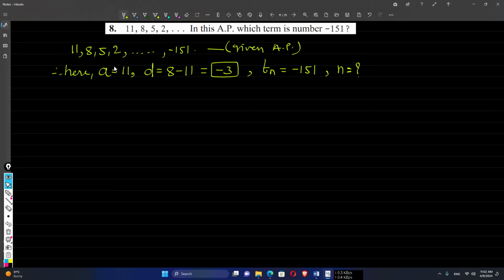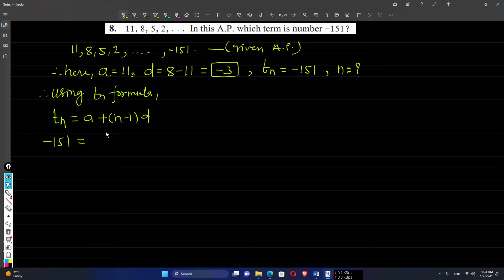Okay, so which term is minus 151? To find the value of n, we can again use the Tn formula. So basically Tn is equal to a plus n minus 1 into d. Now just replace these values which are given earlier. Tn means minus 151, which is equal to a, meaning 11, plus n minus 1, don't forget, we have to find the value of n, into d, which is minus 3.